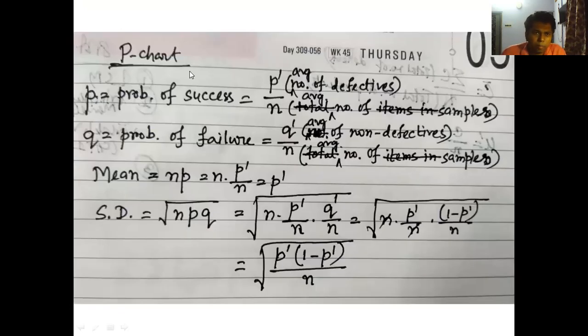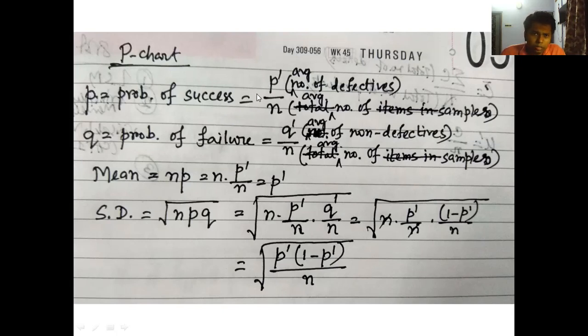We know that the P chart follows binomial distribution, because each trial has two outcomes, either success or failure. So if P is equal to the probability of success, or you can say the probability of failure, actually it is the probability of failure, because in this case we are considering the defectives.